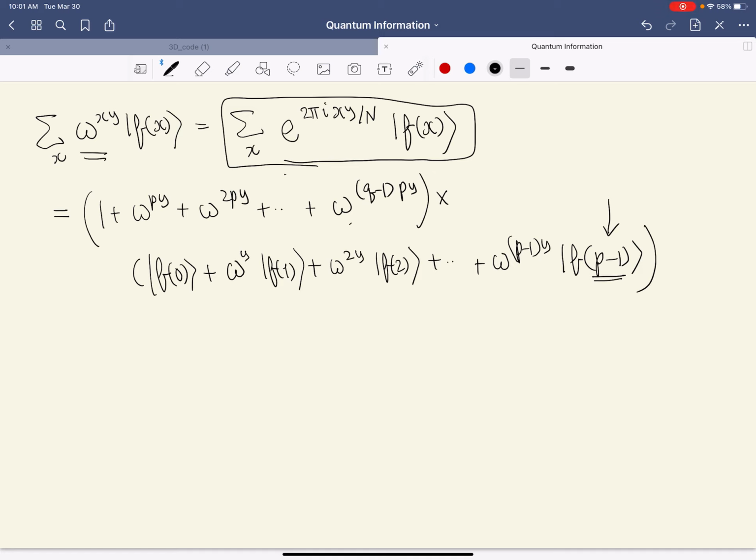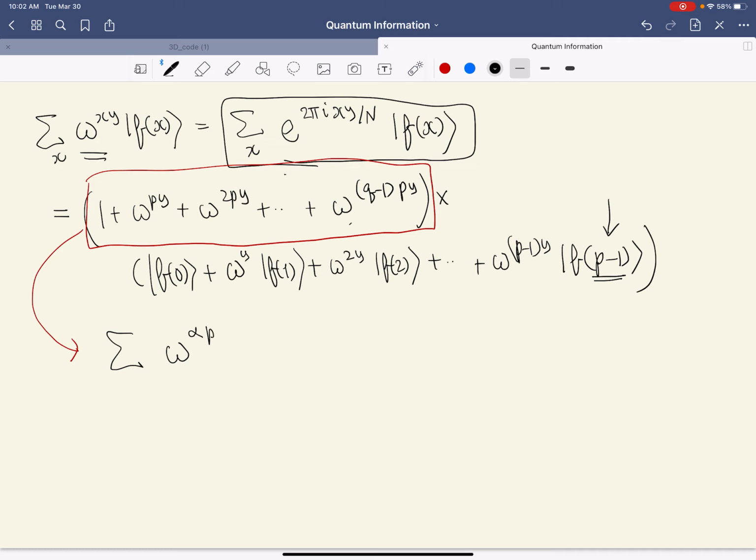Now it's time to focus on this prefactor. This prefactor is something quite familiar to us. This is omega to the power of alpha py, where alpha goes from 0 to q minus 1.